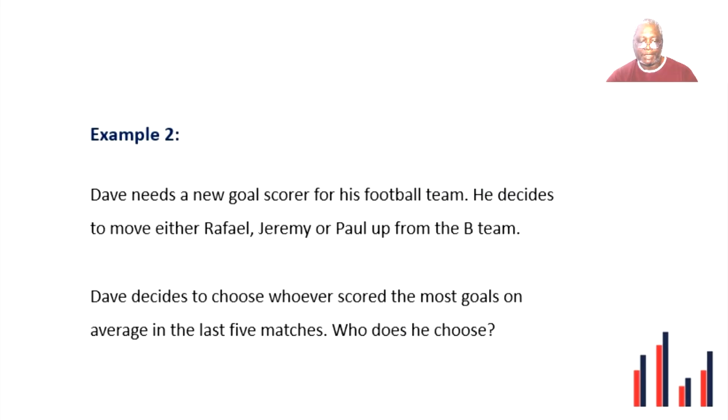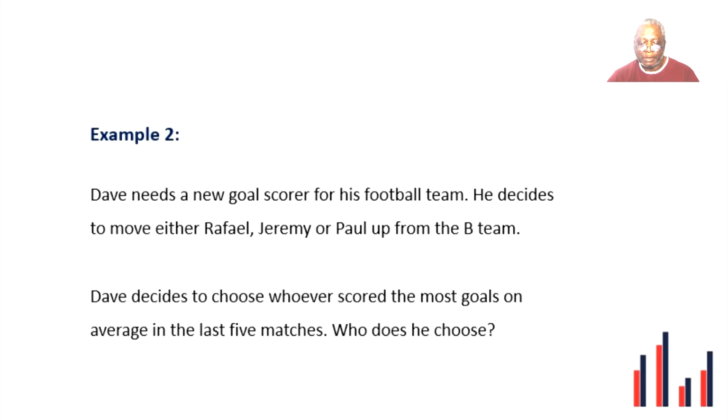Example 2. Dave needs a new goal scorer for his football team. He decided to move either Raphael, Jeremy or Paul up from the B team. Dave decides to choose whoever scored the most goals on average in the last 5 matches, and he'll use that to decide who to choose.